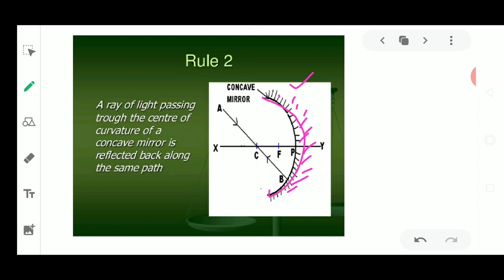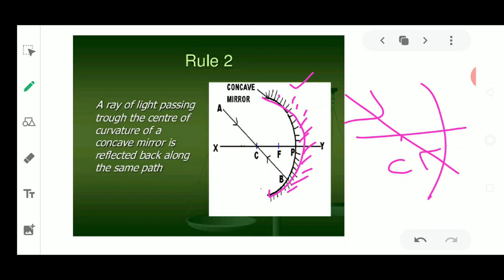Now the second rule says whenever a ray of light is passing through the center of curvature, then after striking, it always comes back along the same path. Where it is going, it returns by the same path. If it is going through the center of curvature, it will return back through the center of curvature.